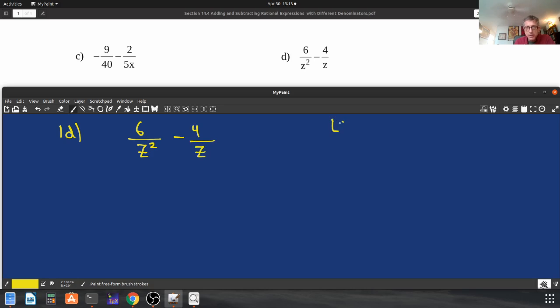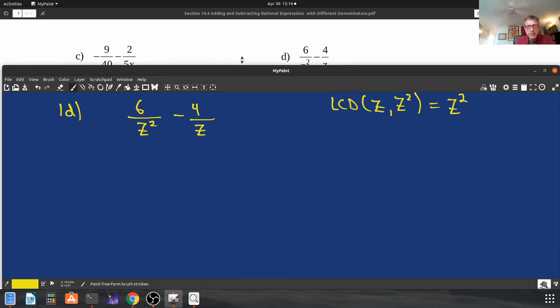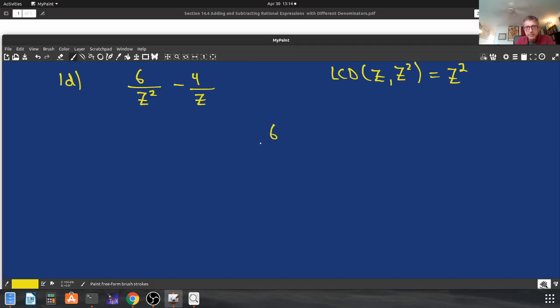So again, we're going to use what we just did, the LCD of z and z squared. Well, z divides z squared, so we choose the one with the larger exponent. So we rewrite these. There will be no change in that one, because clearly that has to be 6.